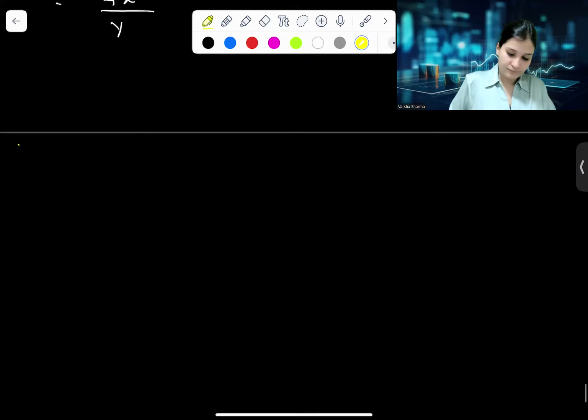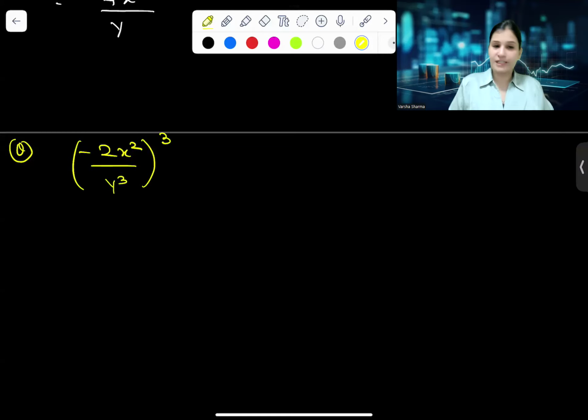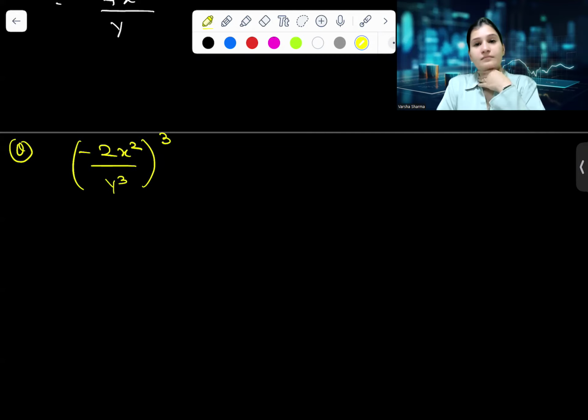Try. -2x square y cube whole to the power 3. You should have been quick.